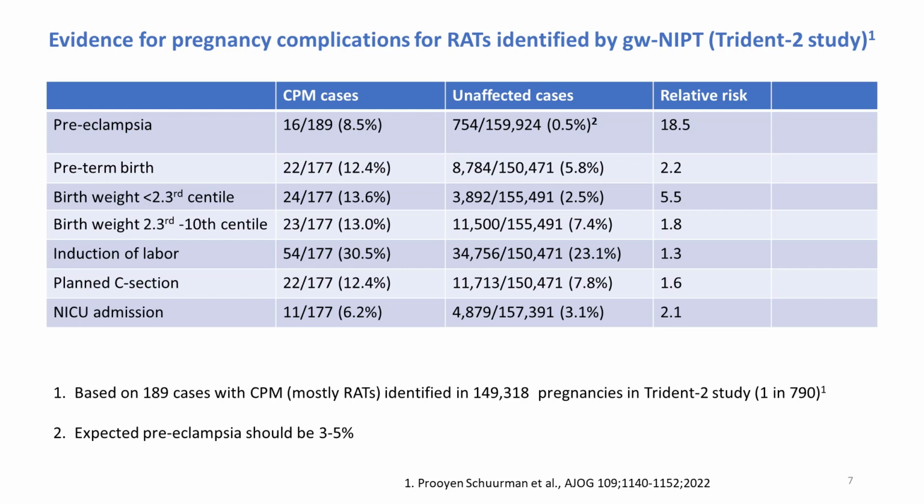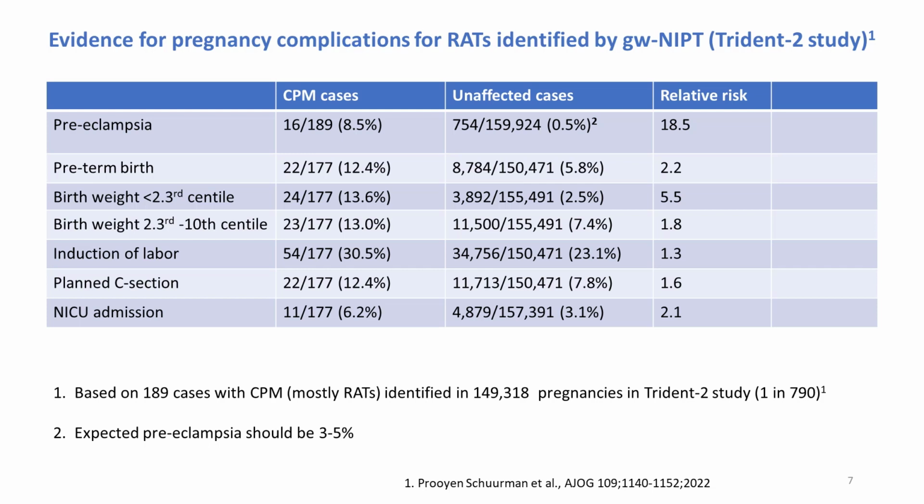But recent data from genome-wide NIPT has actually answered that question, and that's shown in this slide here, where in a study from the Netherlands, they looked at very large numbers of cases because they were offering this test routinely, and they did collect outcome information.